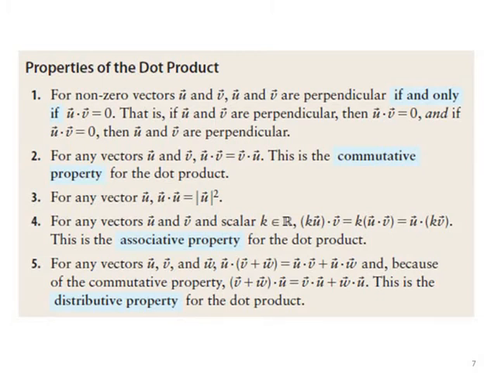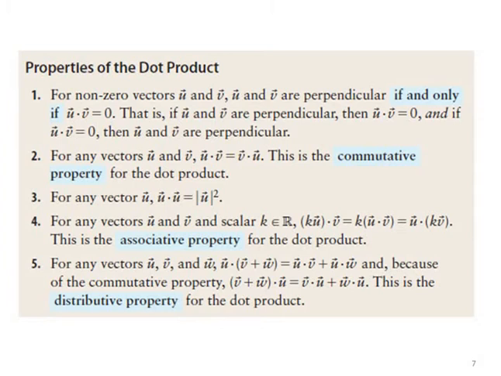For any vectors u and v, the dot product of u and v equals the dot product of v and u. This is called the commutative property for the dot product. 3. For any vector u, u dot u is going to be the magnitude of u to the power of 2.